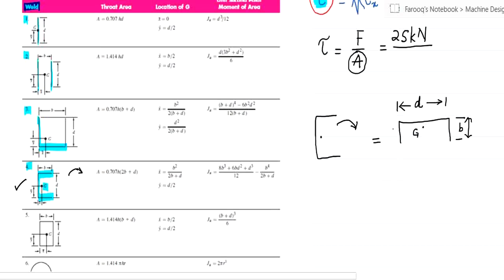Similarly, the distance between the top side and G is called X bar, and the distance of G from the right side is Y bar.